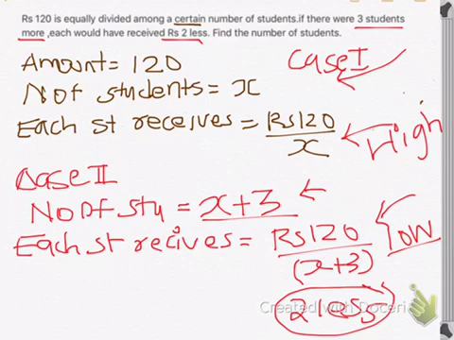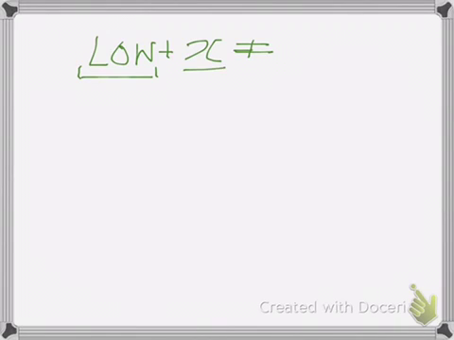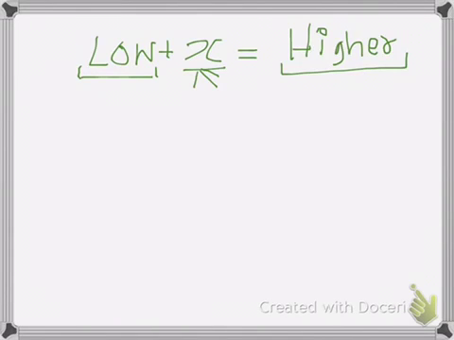To make a sensible equation in this case, we have to apply a simple mathematical concept. That is, we have to add a certain amount to the lower price in order to make it equal to the higher price.